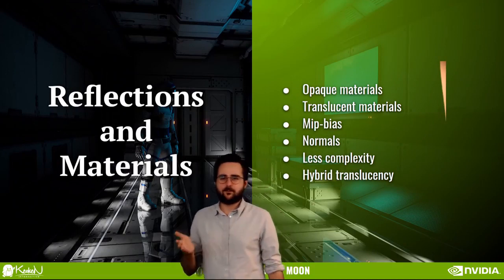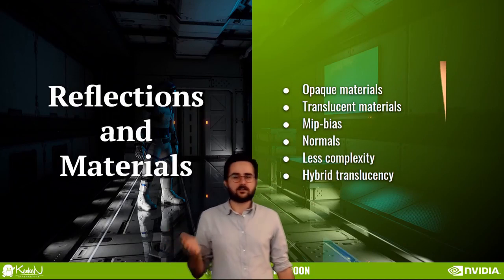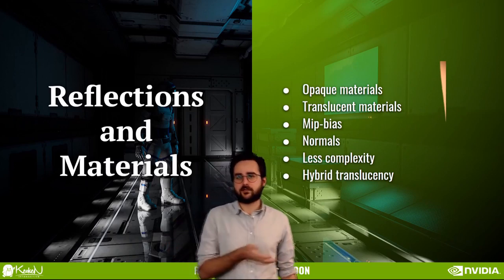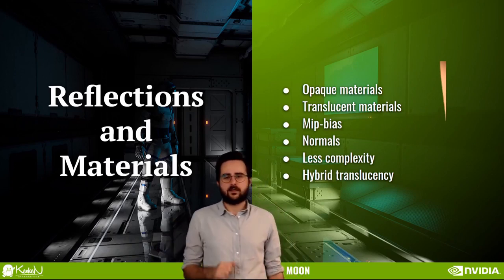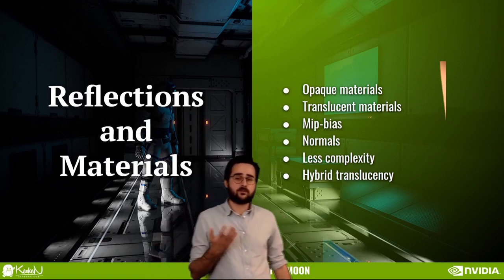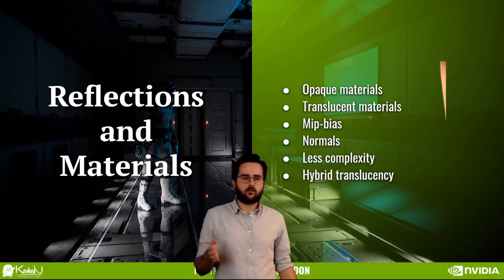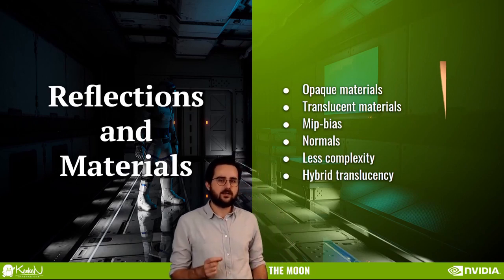So the most important thing to optimize is reflections and materials, and the reflections of those materials, really. We're going to start off with some opaque materials, see what we can do to optimize those, then move on to translucent materials, which have a lot of similarities, but a few key differences.